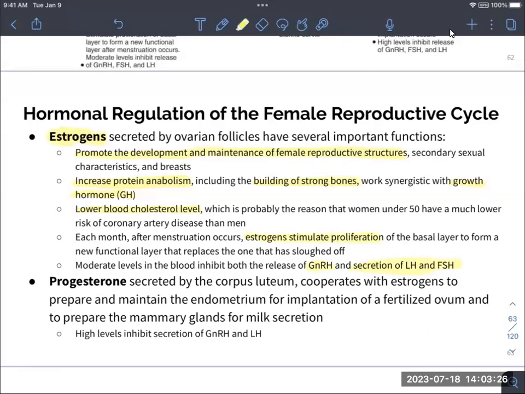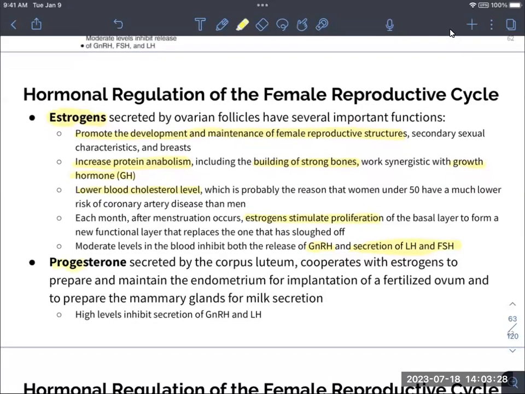So moderate levels of those different estrogens. Progesterone comes from that corpus luteum, and it works with estrogens to get that endometrium ready for implantation. It prepares those mammary glands for milk secretion.